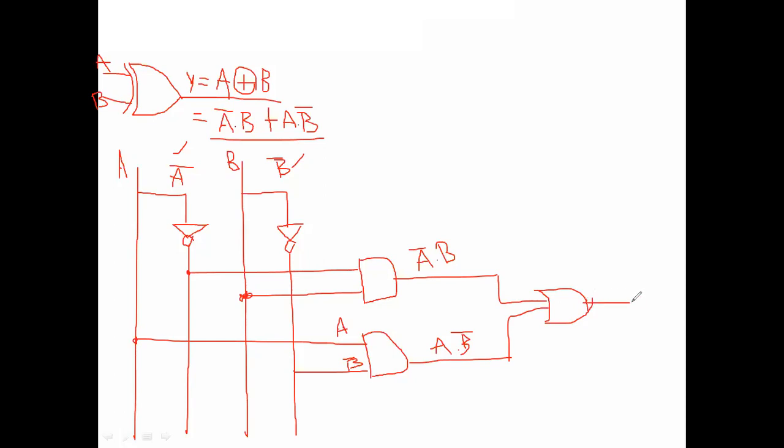So this is the required expression, that is A bar dot B plus A dot B bar. This is the way how to draw the logic diagram based on the logic gates.